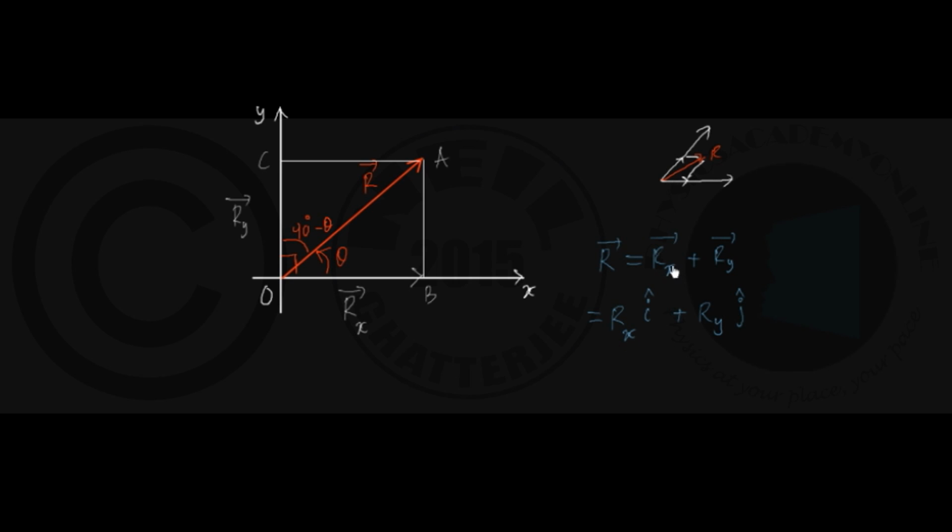Look at this difference of terms. Rx is the component vector with the arrow on top, and the magnitude of that is just x component. Ry with an arrow is the y component vector, but its magnitude is just y component, Ry without the arrow. But I must use i and j, these two unit vectors, to retain the vector characteristics of these two component vectors.